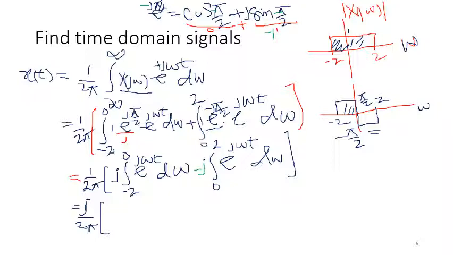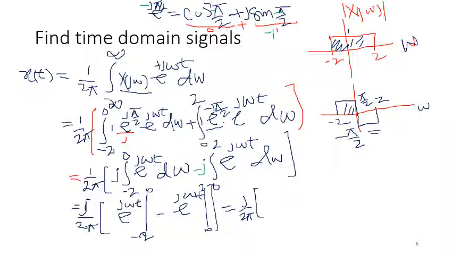So the integration of this will result in e power j omega t, with limits of integration from minus 2 up to 0, and minus, again we have the j omega t, with limits of integration 0 to 2. So this can be written as j over 2 pi.